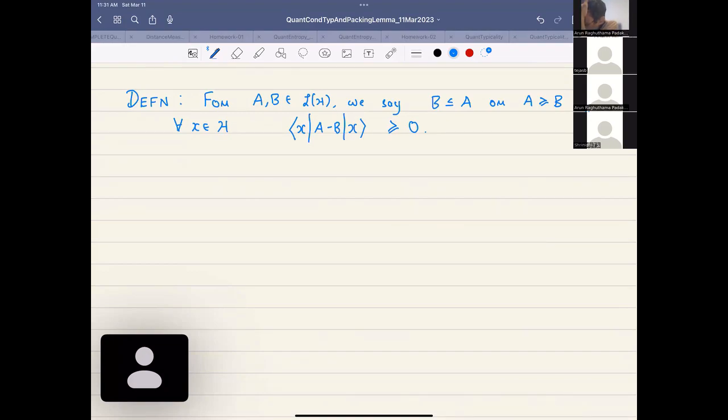And the remark is that if A minus B is Hermitian, self-adjoint, then A greater than or equal to B if and only if A minus B is positive semi-definite.